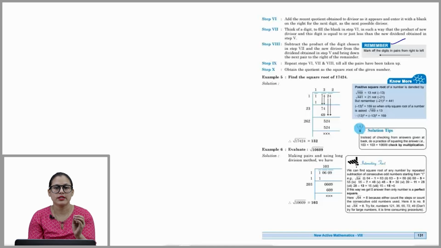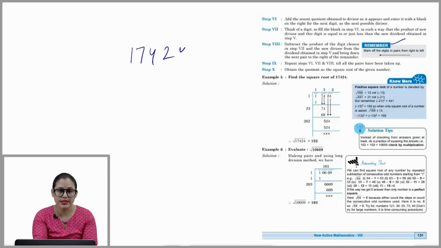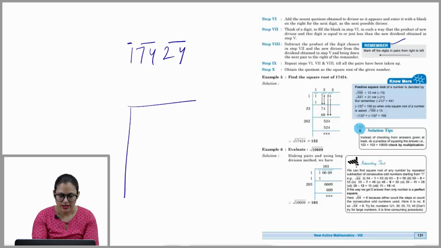Find the square root of 17424. First, we will make pairs starting from the right. One pair, two pair, and this is single. 17424. So 1 one is 1.